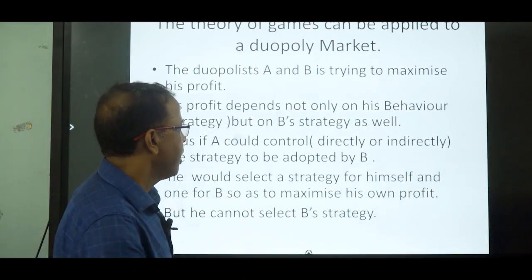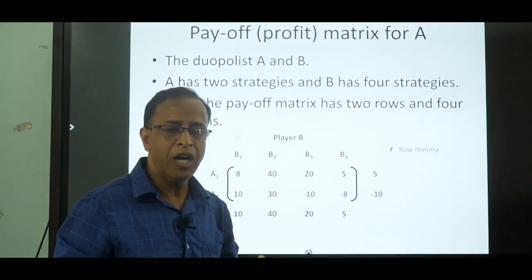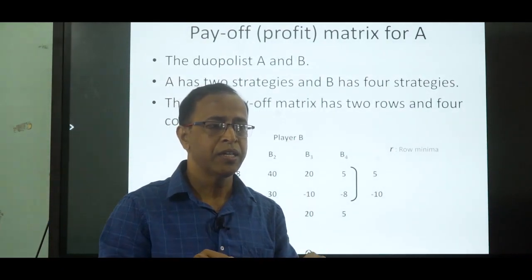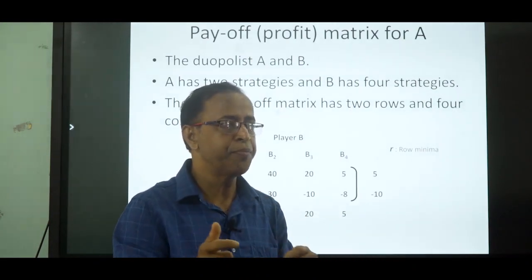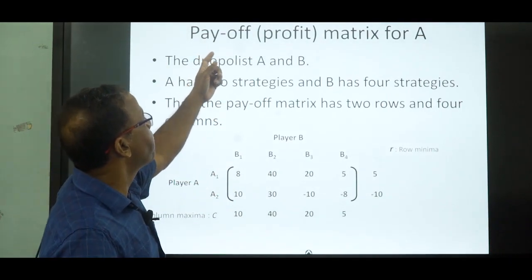That is the game. And next is the payoff matrix, which determines the outcome or net outcome of playing for both players A and B, and this is basically analyzed by the payoff matrix.